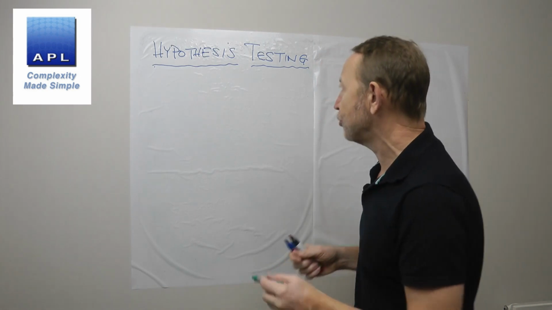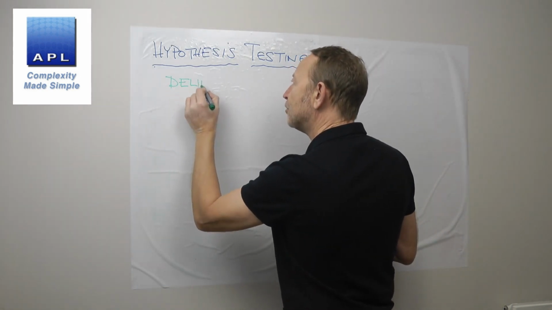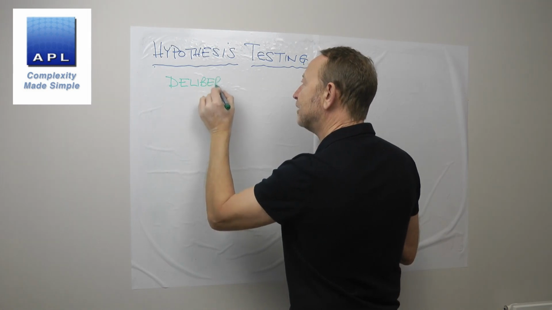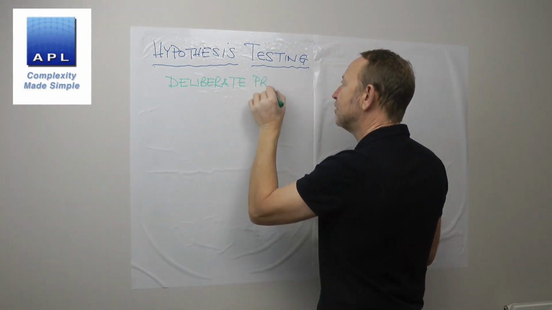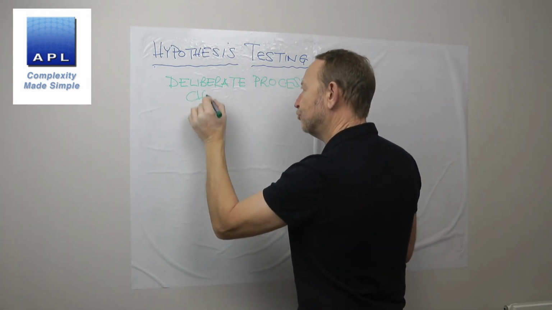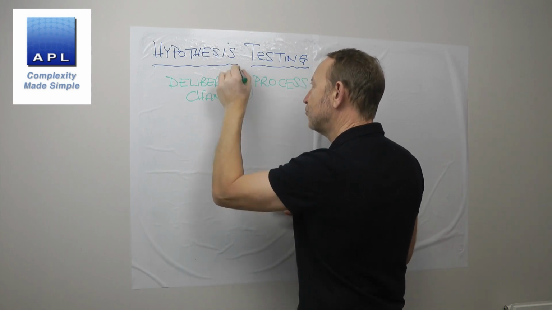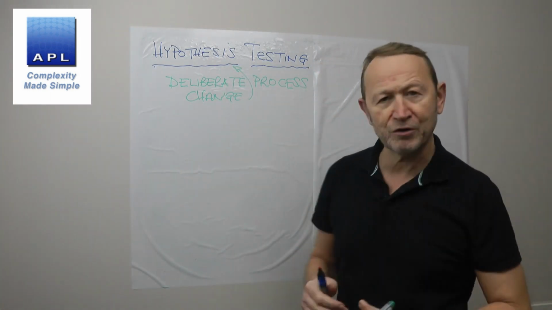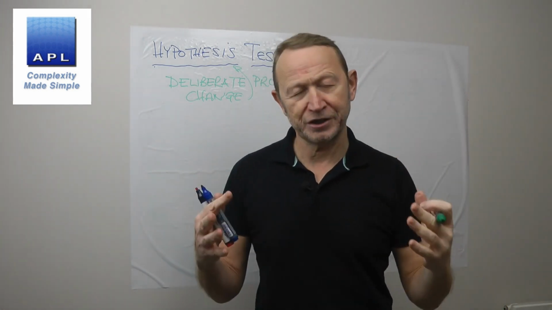Now, as an engineer, what will you potentially be doing? You will potentially be making a deliberate process change. So that's where you would be using this. You're making a deliberate process change. So what you're saying is, I've got an idea.